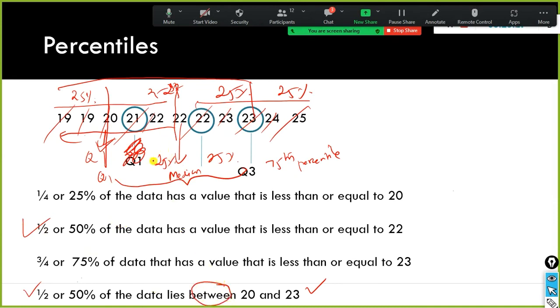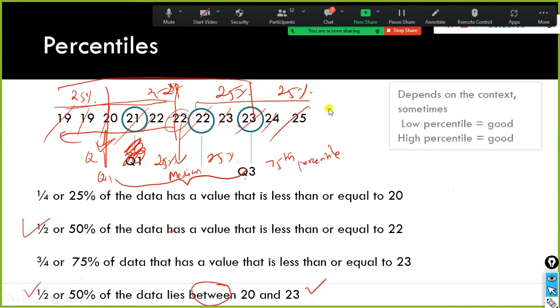If somebody asks you which values the 50% of the data ranges between, it is between Q1 and Q3, that is 20 and 23. But if there is no between clause, for the median, 50% of data has a value that is less than or equal to 22. That is how you need to interpret this.